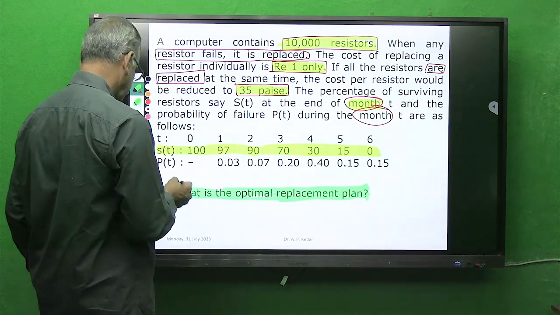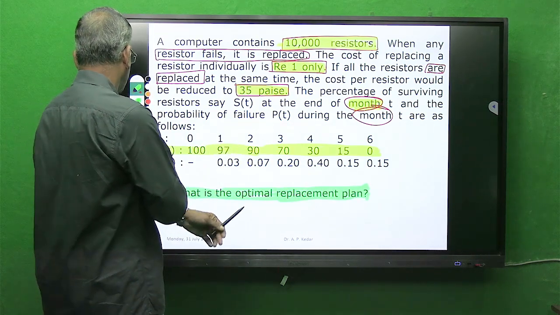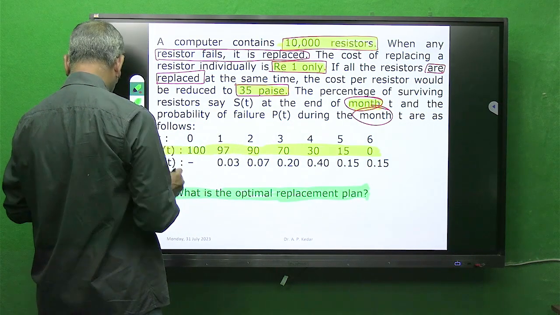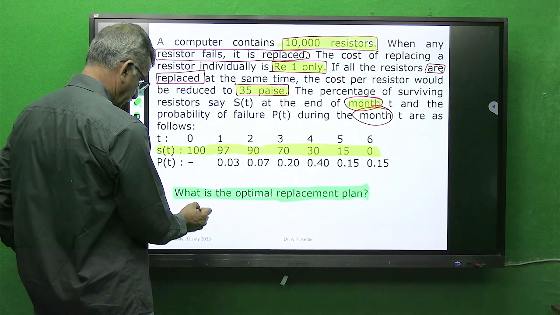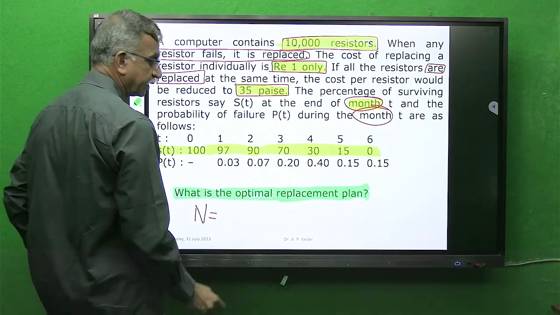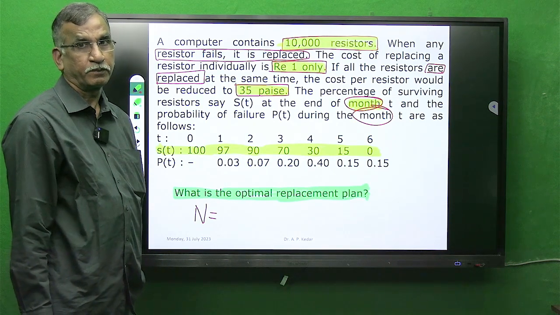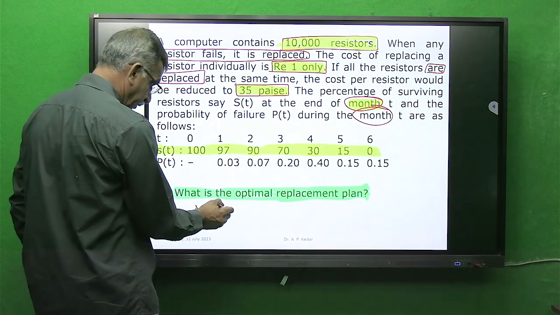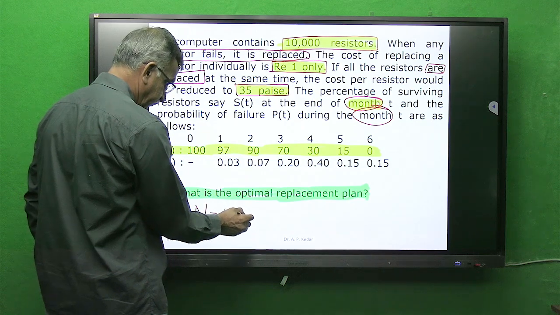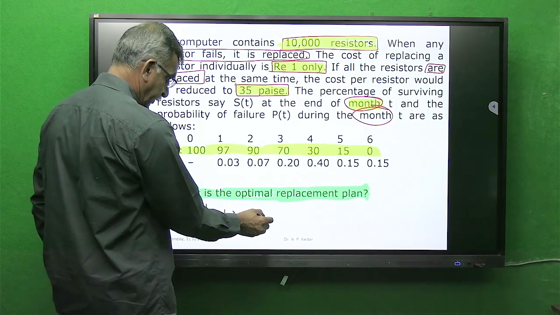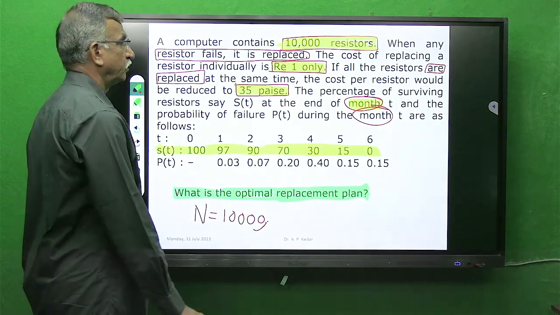Now if you recall my earlier lecture, there should be a value of total N. If it is not given, assume 1000, but here in this problem N is given as 10,000, so we will take the given value.